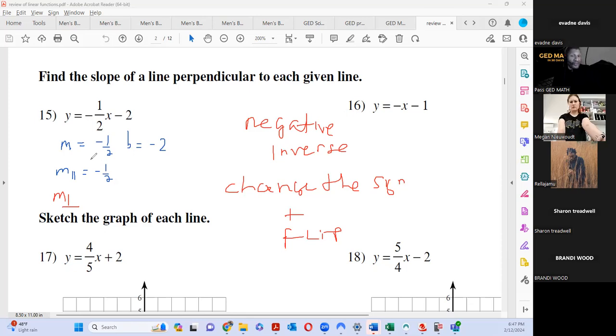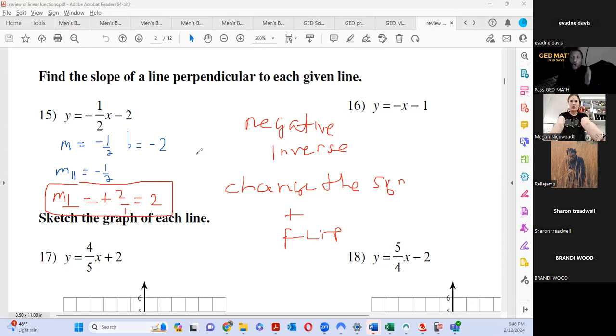Negative 1/2 is negative, so the opposite is positive. I flip the fraction 1/2, and that becomes 2/1, which reduces to 2. So the slope of the perpendicular will be 2.